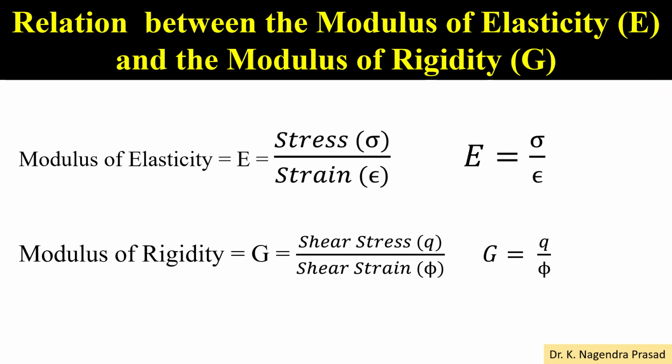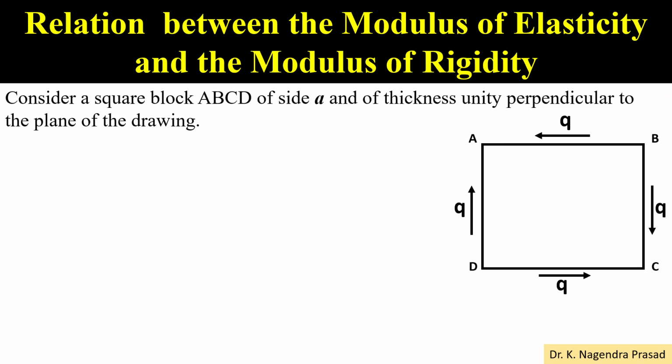Now we will find the relation between E and G by considering a square block and subjecting it to pure shear. Let us consider a square block ABCD of side small a and of thickness unity, which is perpendicular to the plane of drawing.